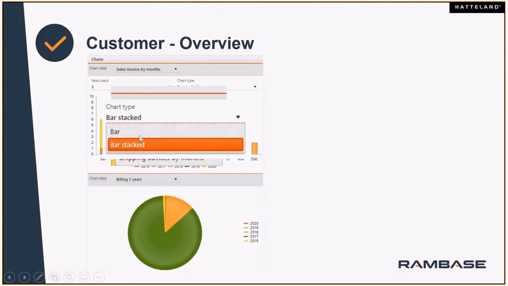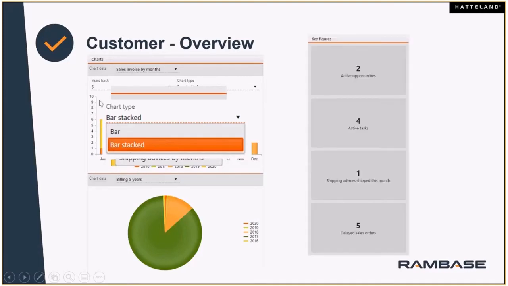And dependent on what chart data you chose, you can also switch between bar and bar stacked. Some of them are pie charts, so this will be dependent on what chart data you're selecting here. And of course here as well you can also choose periods for some of those different charts.